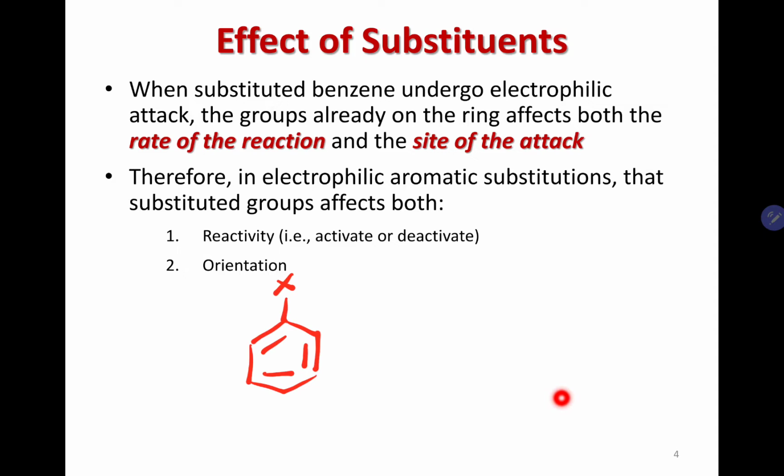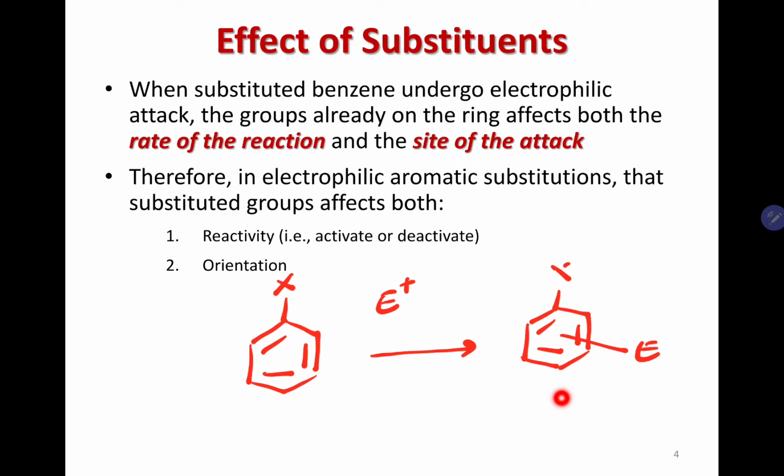When you already have a substituent and here is the incoming electrophile, let's say, two things can be impacted. Okay, so this substitution reaction, the electrophilic substitution reaction, could be fast or slow. Okay, so of course it can impact the rate.